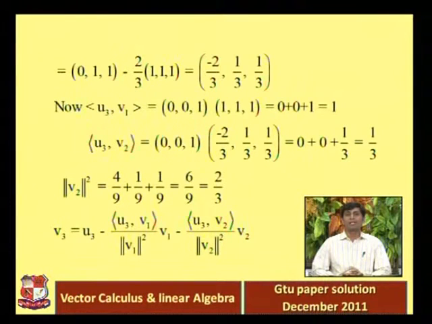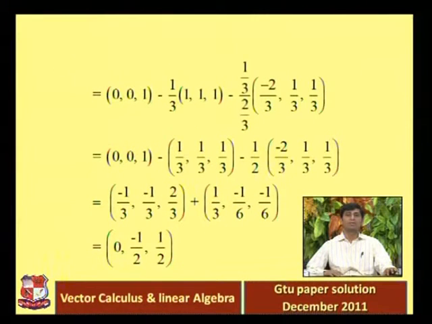Now put all these values, inner product u3 v1, inner product u3 v2, norm v1 square, norm v2 square, in the last equation. We have v3 is equal to u3 minus inner product u3 v1 upon norm v1 square into v1 minus inner product u3 v2 upon norm v2 square into v2.